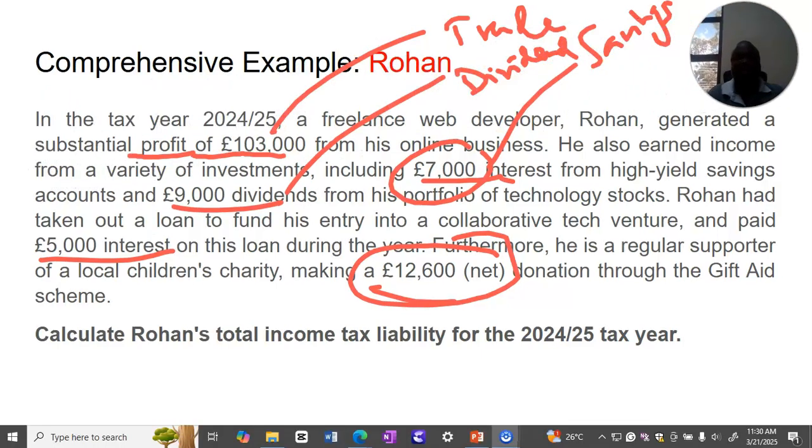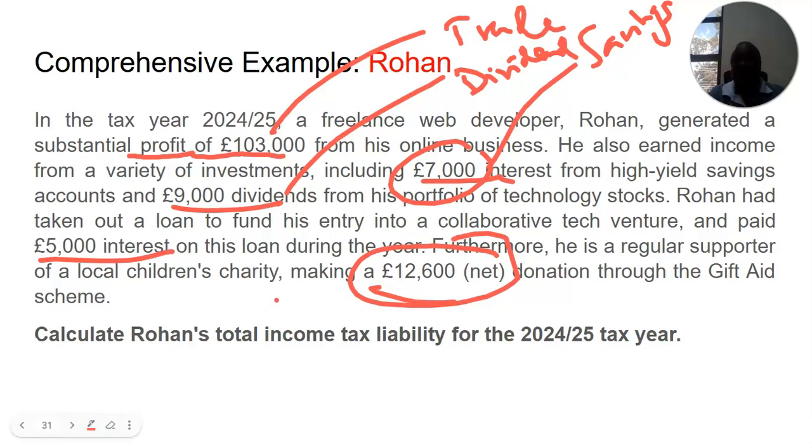If you want to make your donations, you have to make them through this scheme so that you enjoy some tax reliefs. All right. So if the amount paid has been made through this scheme, it means that an individual could benefit somehow.